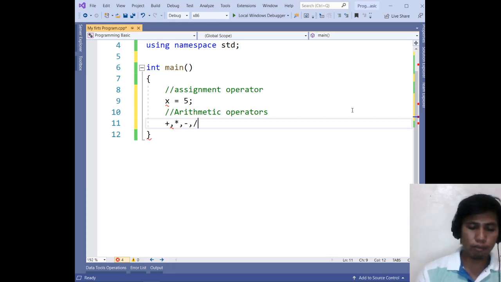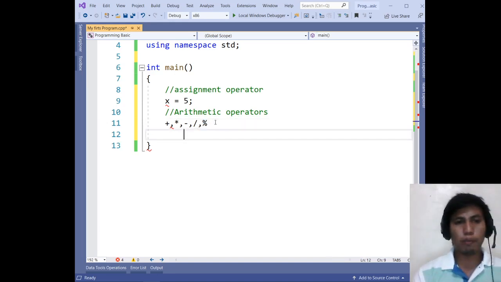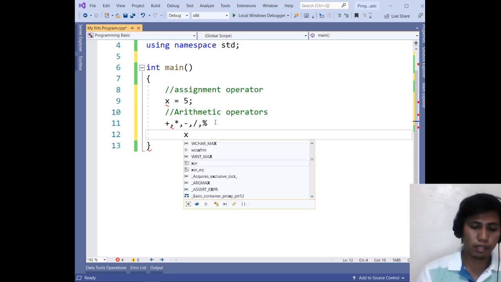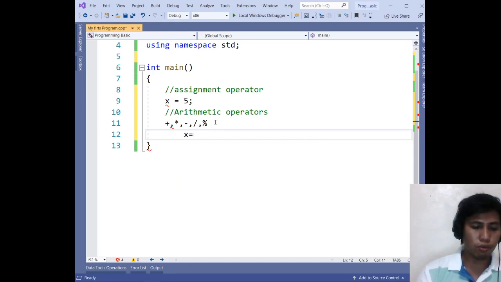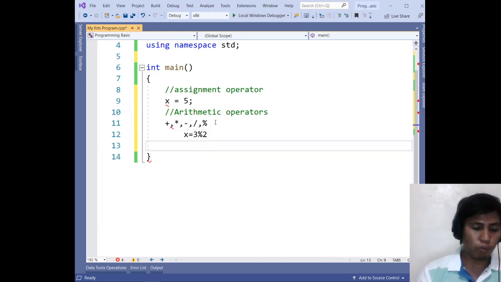And then the last one is modulo or the percent symbol. So modulus gets the remainder of the division operation. Example: x is equal to 3 modulo 2. So the value of x would be 1.